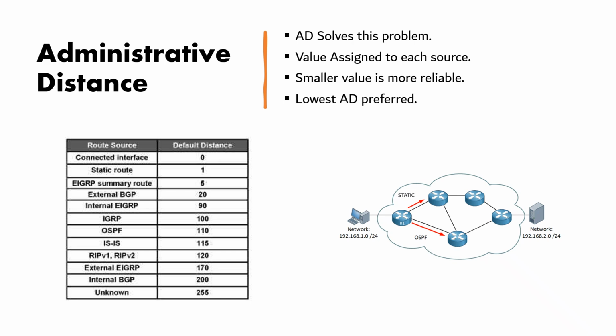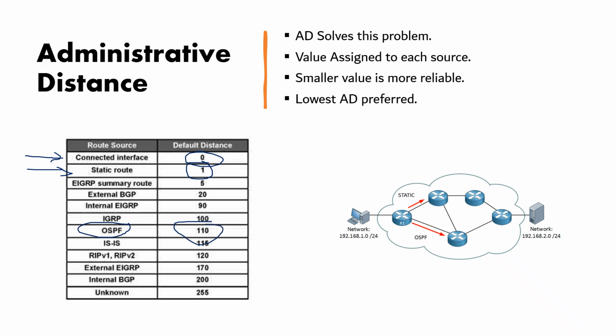Let us see the different values in the table here. For the connected source, we have AD as 0. For static route, we have AD as 1. And for other protocols such as EIGRP, BGP, internal EIGRP, IGRP, OSPF, you can see the AD value is 110.